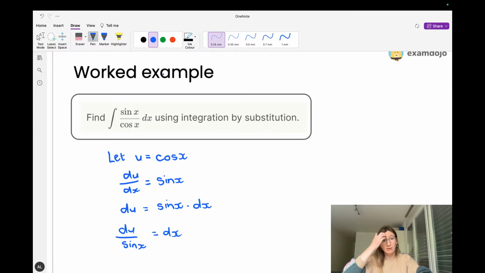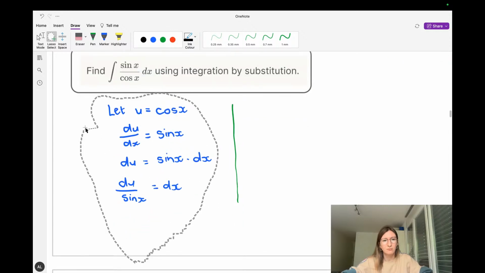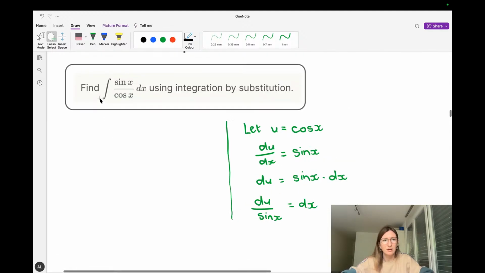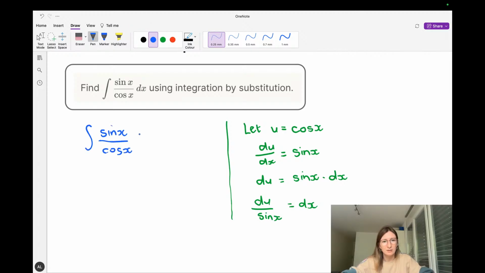Okay, so let me write my integral. Again, I'll change colors just to keep with the same form that I was using. All right, so I've done all of that working on the side. So now I have my integral sine x over cos x, just writing it so we can see what we're working with.